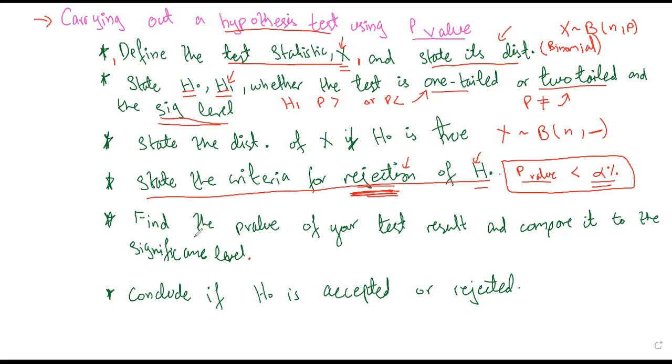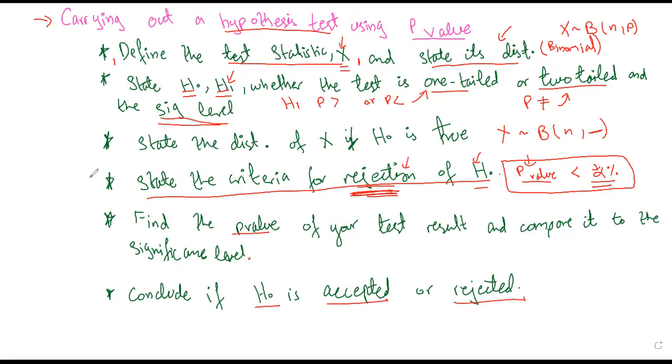Then you have to find the p-value of your test result and compare it to the significance level, and conclude if H naught is accepted or rejected.